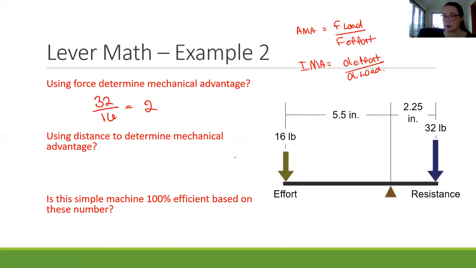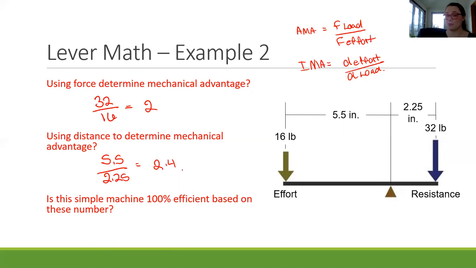My force has doubled. Using distance to find mechanical advantage, I think about the effort distance divided by the load distance. So 5.5 divided by 2.25. You'll notice it's different than what we calculated before. That means we're probably not efficient. 5.5 divided by 2.25 leaves me with 2.4.